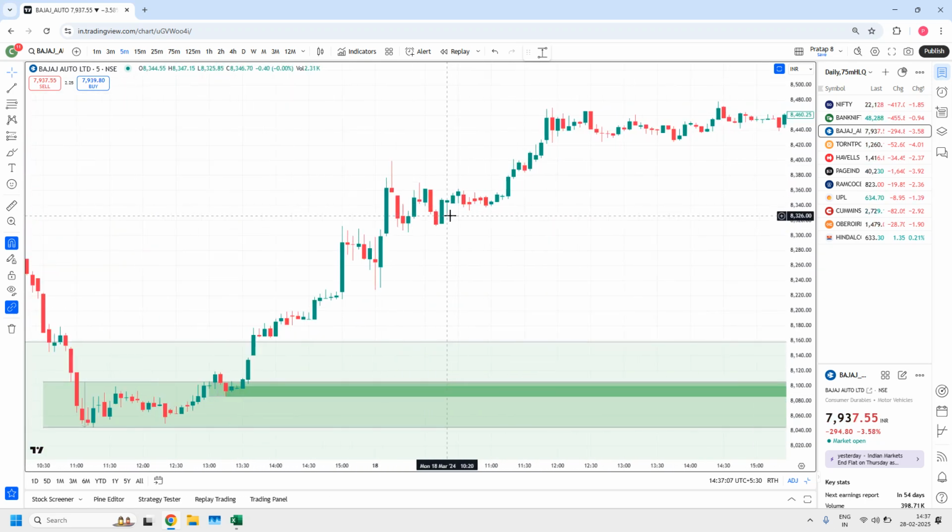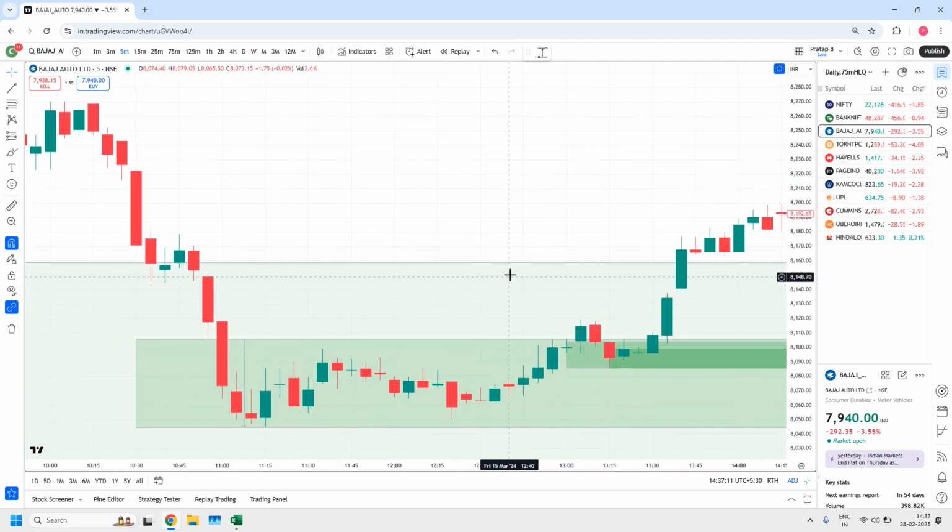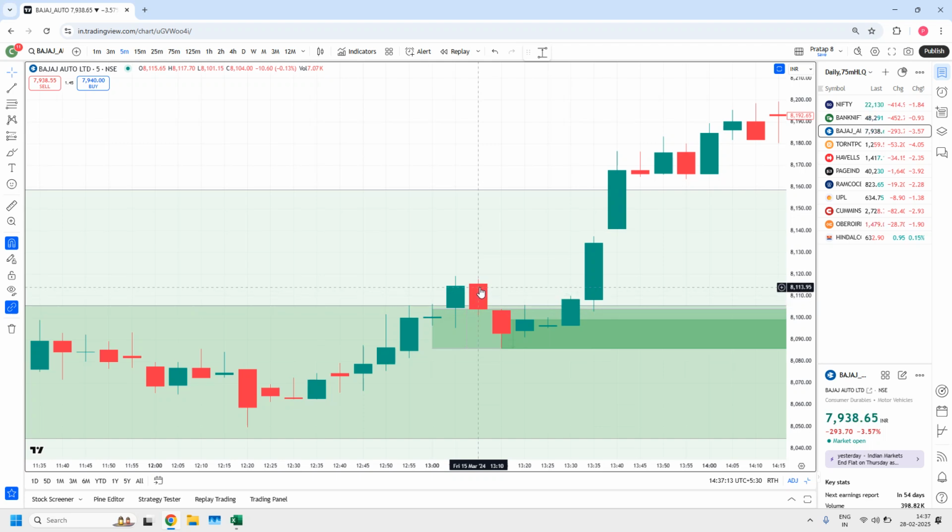Here we have a fine-tuned 5 minutes zone. A drop candle, 2 base candles, a medium size candle, but from here imbalance started and continued. So that's why I just limited the zone, also from a risk management point of view.